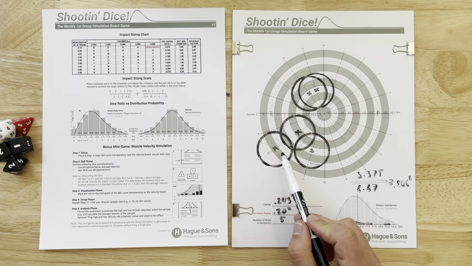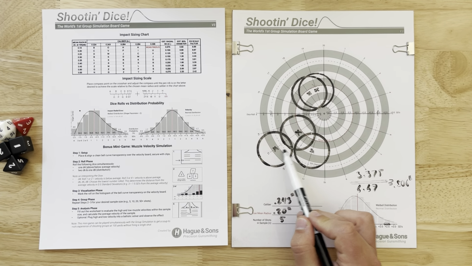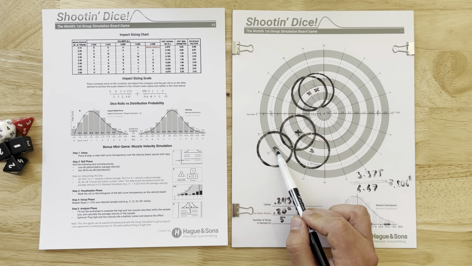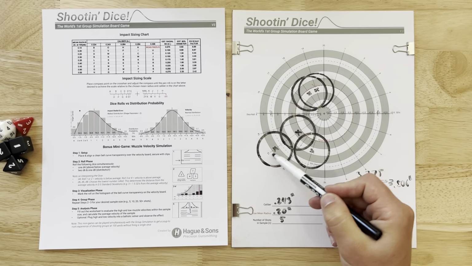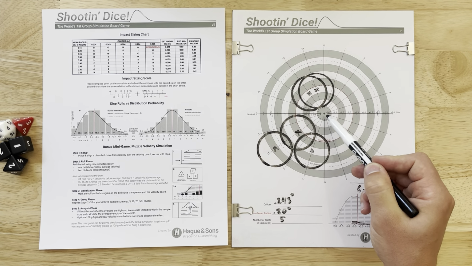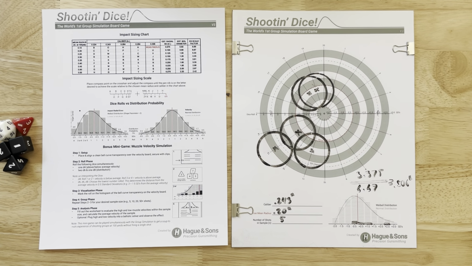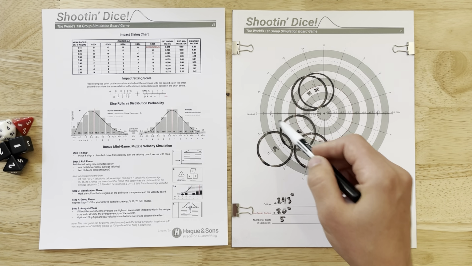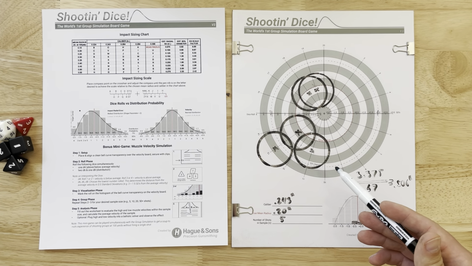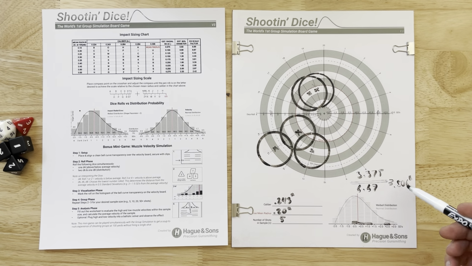And here we got a little unlucky. Since we rolled a 5, we have an impact that is a radius from the group center that we wouldn't expect in 95% of shots. But because our other 4 shots grouped somewhat close, we got an extreme spread for this group of only 1/2 inch.